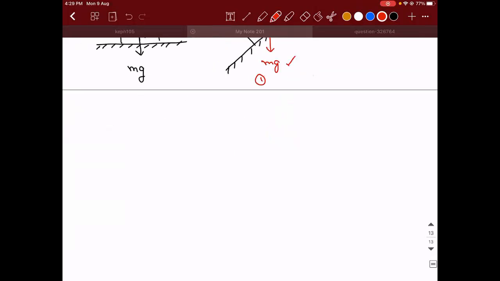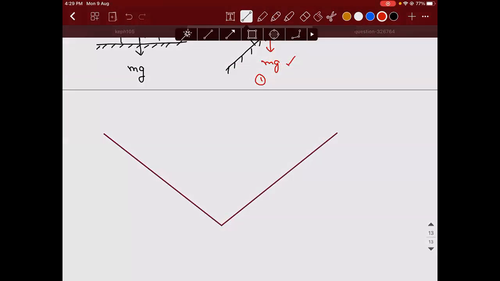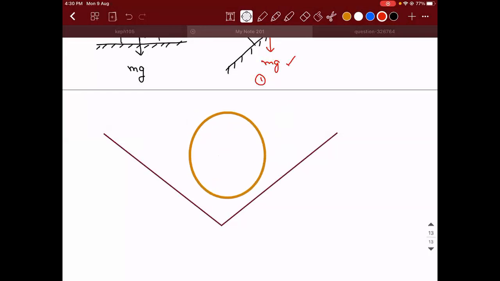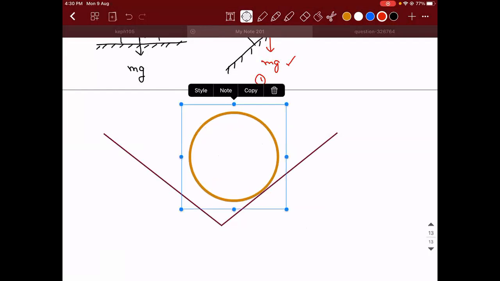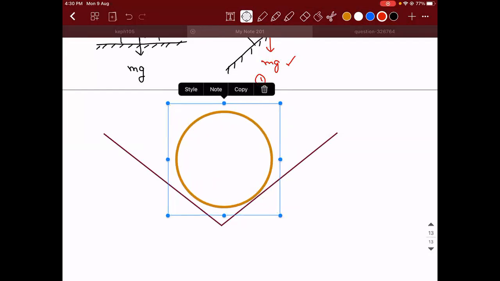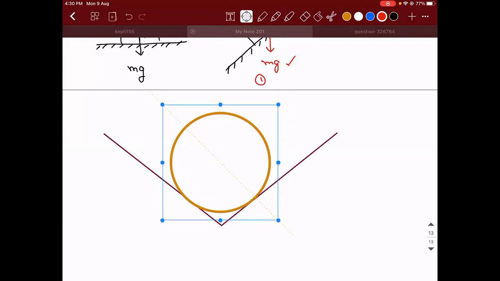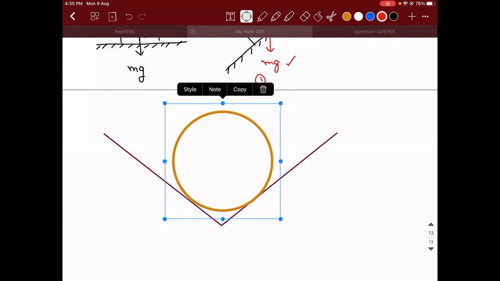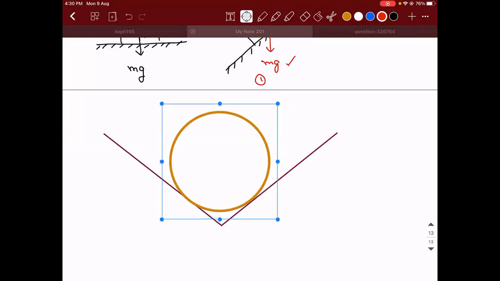In a similar way, let's say there are two surfaces like this, and I keep an object in this way. One minute, guys, some technical issues.